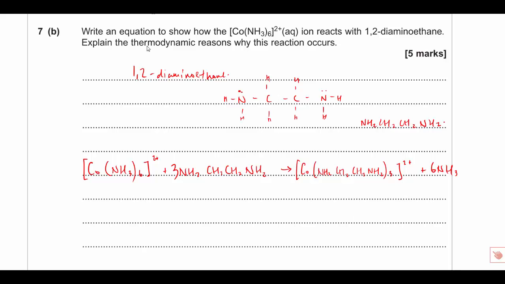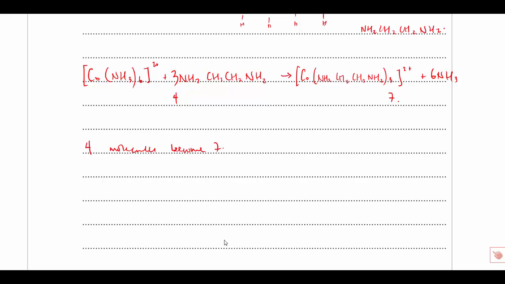Good, yeah. Thermodynamic reasons. Why does this reaction occur? Right, so 4 becomes 7. So I would say that 4 molecules become 7. Therefore, disorder increases.